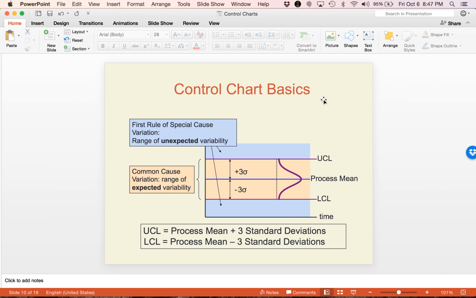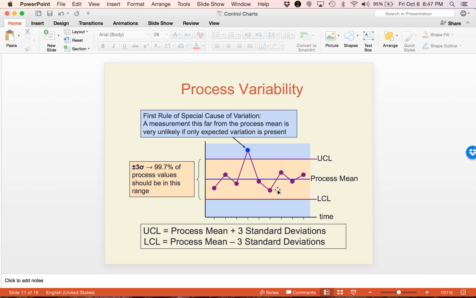So in other words, as long as we're in this tan region here, it's expected variability, and anything outside of it in the blue here would be unexpected variability, because it should happen less than 1% of the time according to the normal distribution here. So our first rule for special cause variations is if we see any points above or below the control limits.